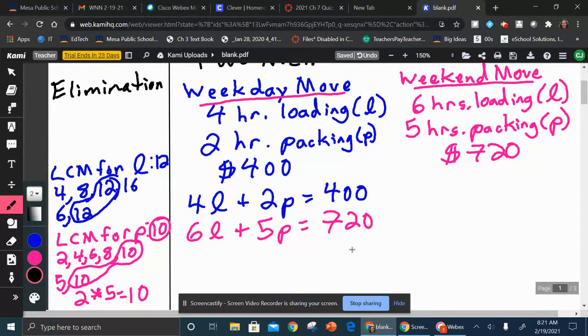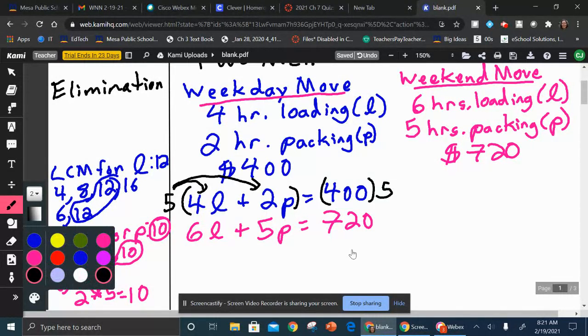So we're going to look at it and say, I need to get it so they both have 10, because I have to eliminate one of them. So I'm going to multiply this one by 5. Remember, when I multiply by 5, I have to multiply 4L times 5 and 5 times 2P, and then 400 times 5.